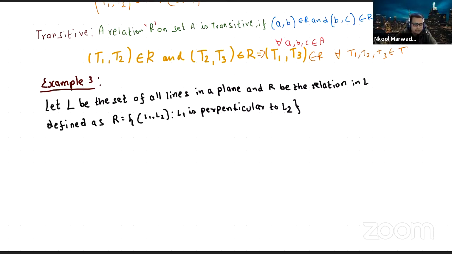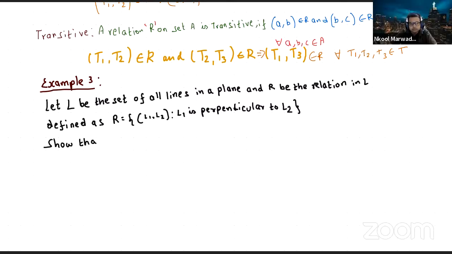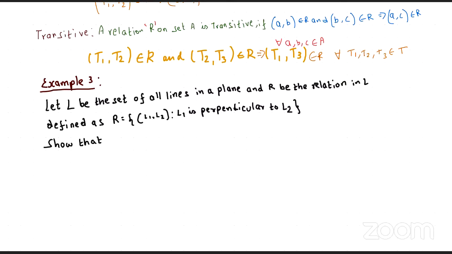Now we have to show that R is symmetric, but neither reflexive nor transitive. So show that it is not reflexive, meaning it does not contain A comma A, and not transitive.